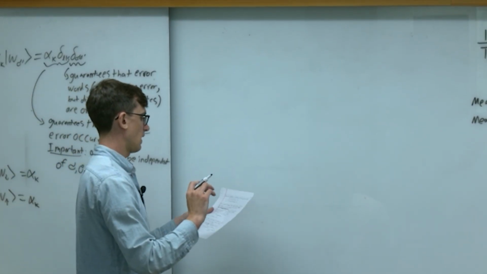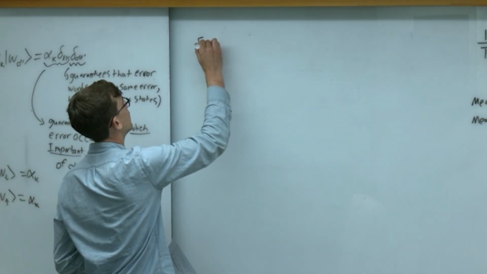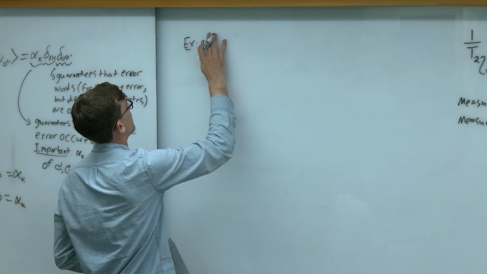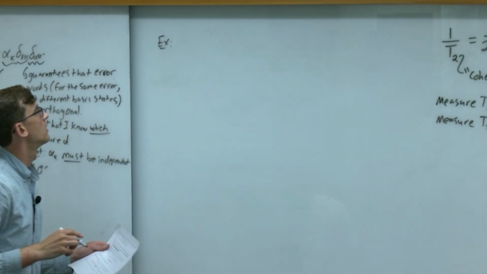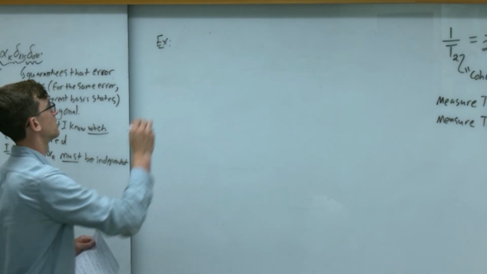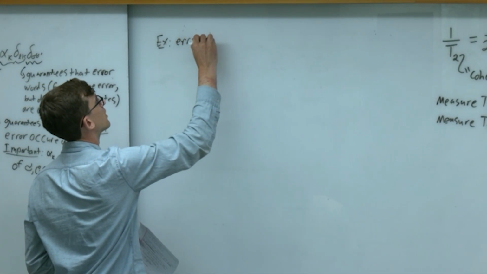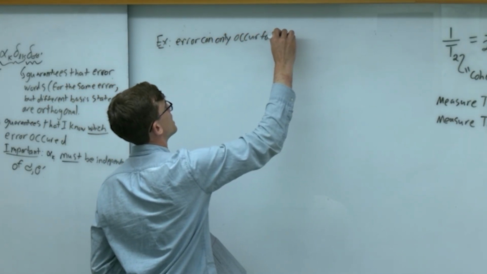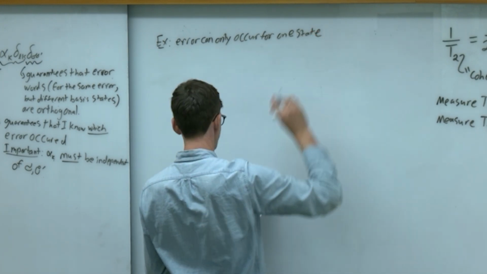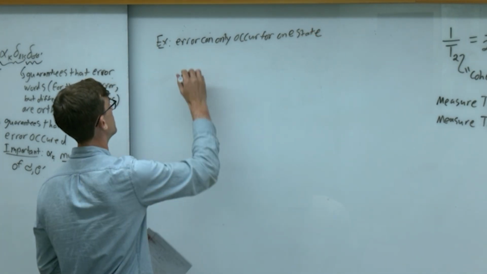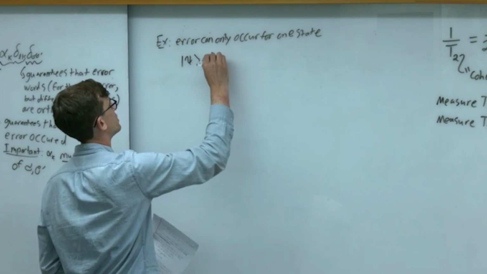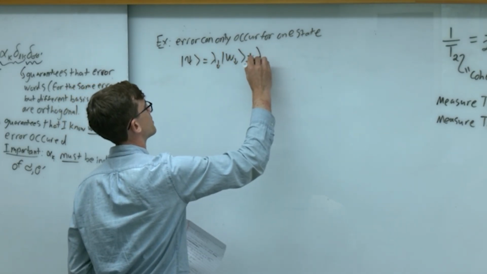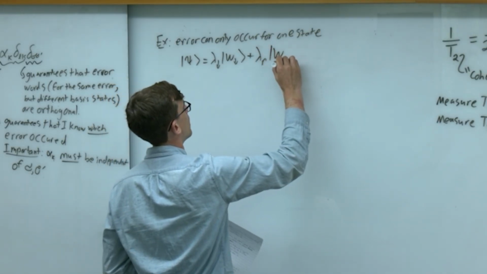So let's consider the example where the error can only occur for one state, right? Let's imagine I had the starting state psi, which is lambda down, w down, plus lambda up, w up.